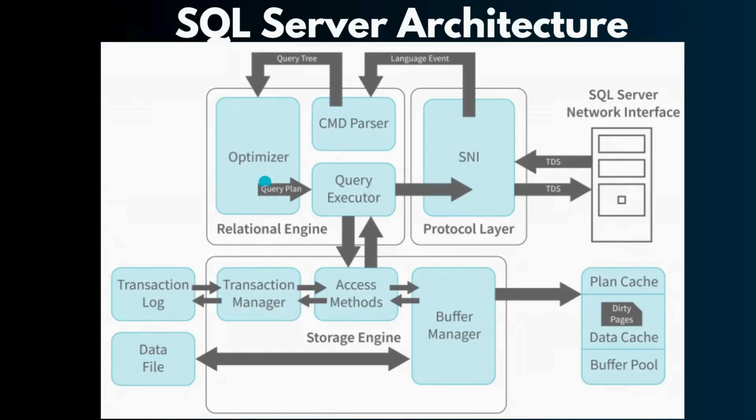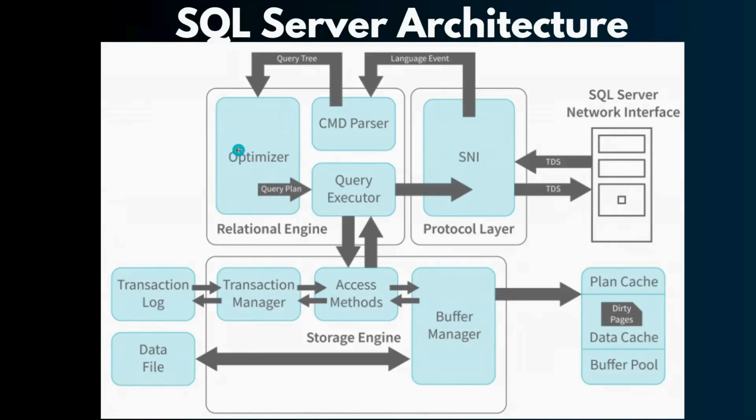This optimizer, often considered the most sophisticated part of the relational engine, generates and selects the most efficient execution plan for the query. It uses statistics about the data distribution to estimate the correct cost. It will first generate the execution plan. It explores multiple possible ways to execute the query, such as different join orders, different indexes, or scan types, and it will estimate the cost.